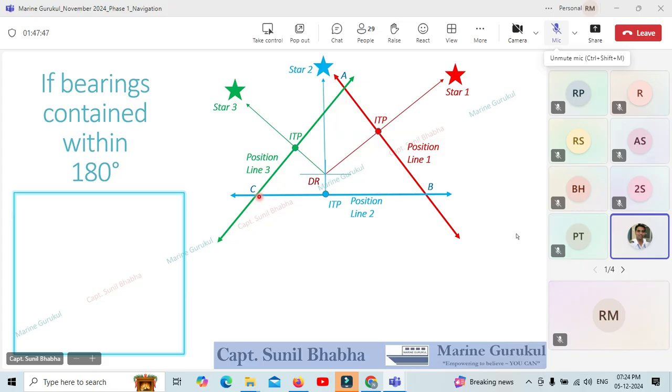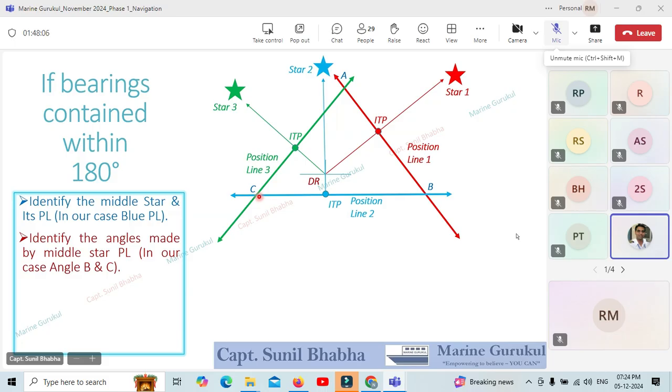Now for these two angles which we have identified, Bravo and Charlie, we have to draw the external angle bisectors. Now what do we mean by external angle bisectors? Let me show you in the diagram. We have identified the middle star, the blue color star, and its associated PL, the blue PL.